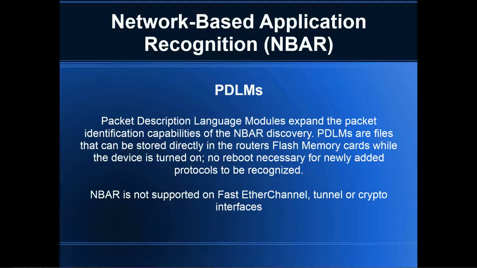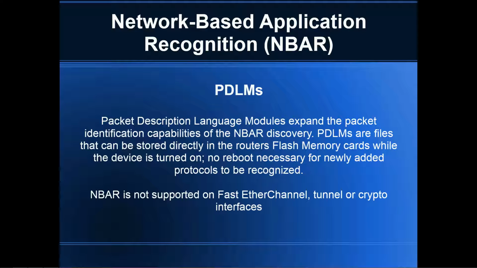Continue on with our NBAR. Our PDLMs, packet description language modules, hook into our NBAR discovery, and what that does is it looks at signatures, it looks at protocols, it looks at unique features of our individual packets to help prioritize traffic better. However, if we're doing any type of encapsulation, it doesn't work.